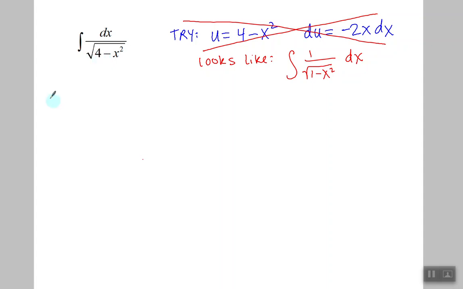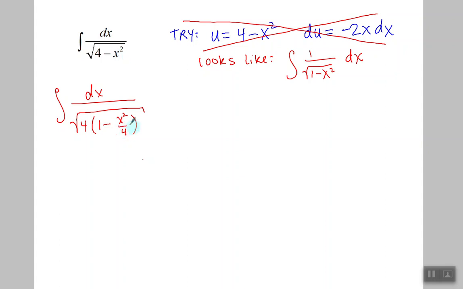I'm going to rewrite this as the integral dx over, and I'm going to try factoring out that 4 so I can get the 1. So in the radical, I can factor out 4, and I'm left with 1 minus x squared divided by 4. I can always distribute to check. If I multiplied by 4, that divided by 4 part would go away, and it would look like that again.